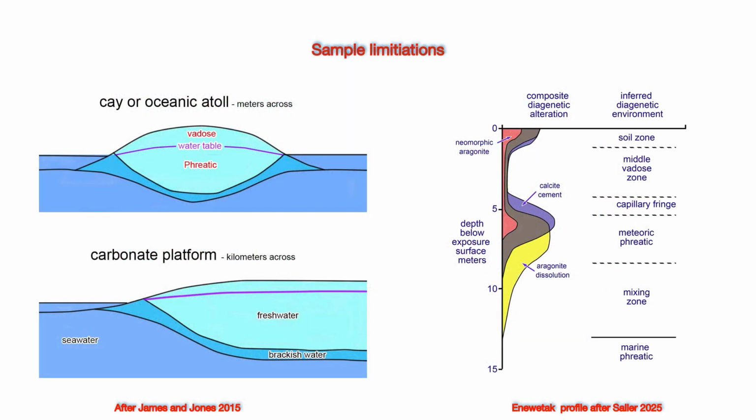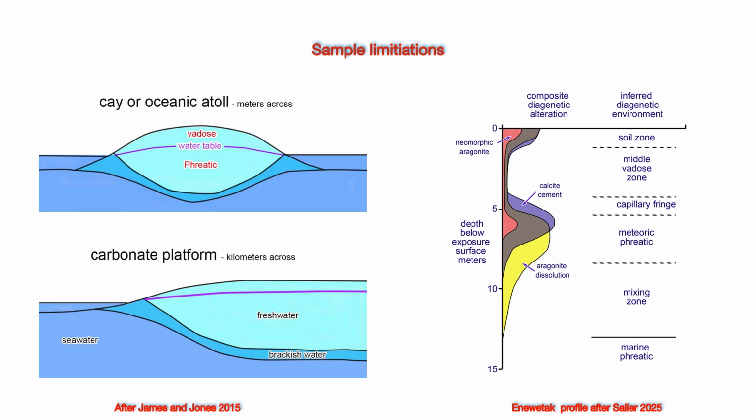Sample limitations. The 7 samples used in this video are millimeter-sized pinpricks in the expanse of the freshwater systems in which they occur. Consequently, they show nothing of the spatial variations known to exist across these systems.